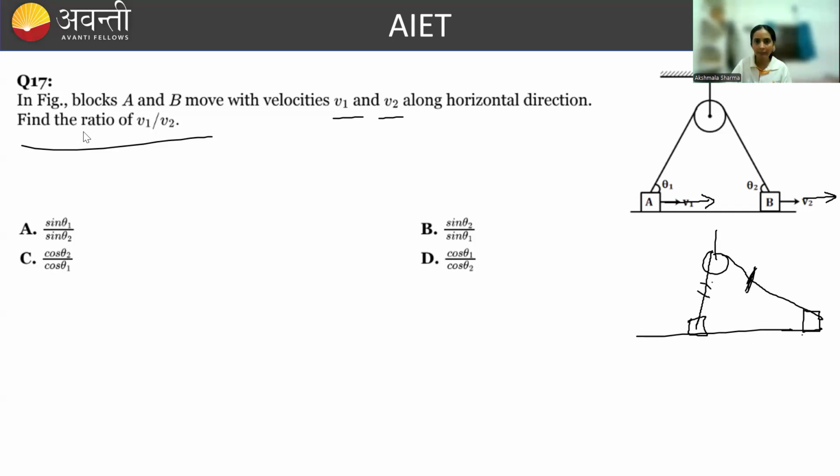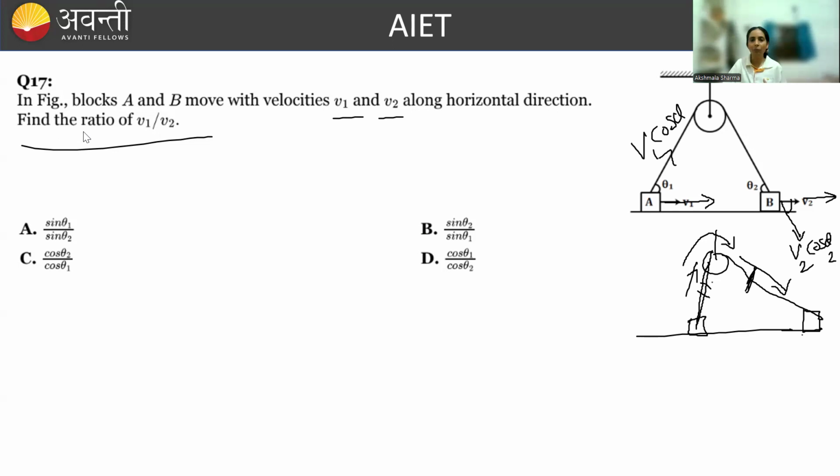Done. So if A is moving in this direction with V1, velocity of A in this direction is how much? V1 cos theta. So with V1 cos theta, this string will travel in this sense. So some of its portion will go here. And this string is moving in this direction by what speed? This angle is your theta 2. So this is V2 cos theta 2.